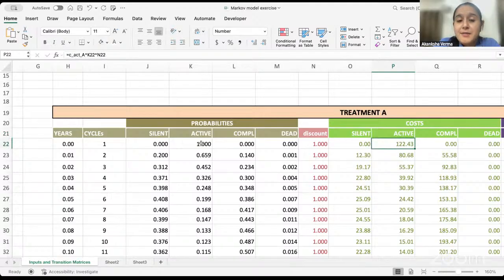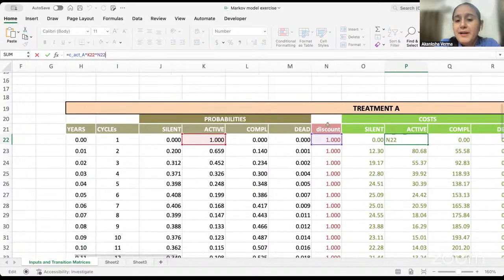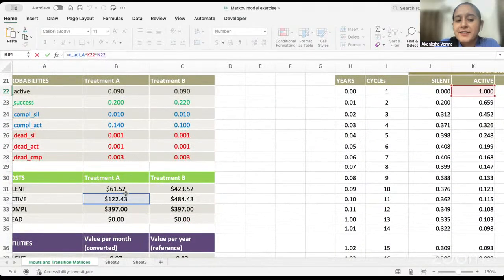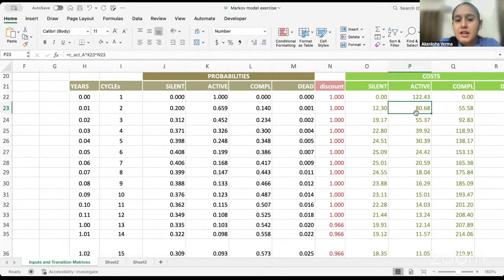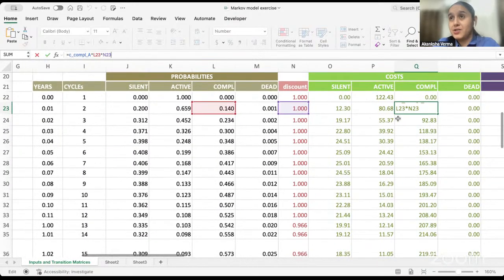So you will multiply this number of patients with the cost of management in this health state, right? You multiply by the discounting also here, and then by the cost for management of the active health state. Then again, the number of patients in complications, multiplied by discounting, multiplied by the cost. So this is how you put up the cost, right?